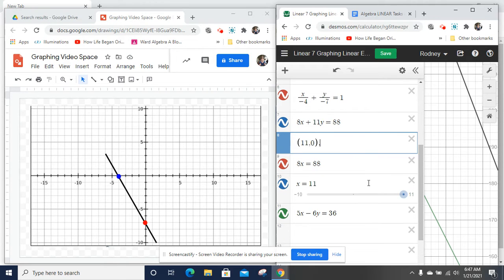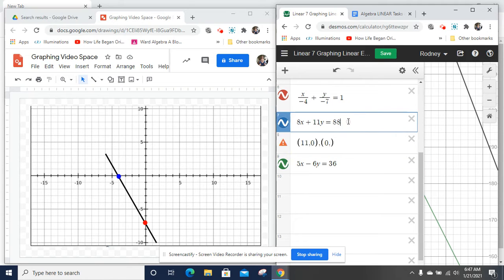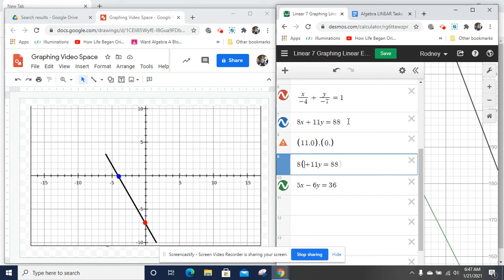And now I'm going to find the y-intercept, which will be at (0, something). Since that's going to be at 0, something, I'm going to take this equation and replace x with 0. So it's 8 times 0 plus 11y equals 88.